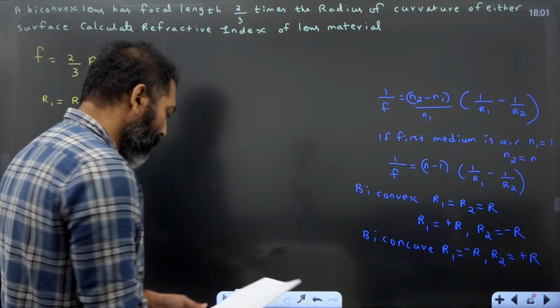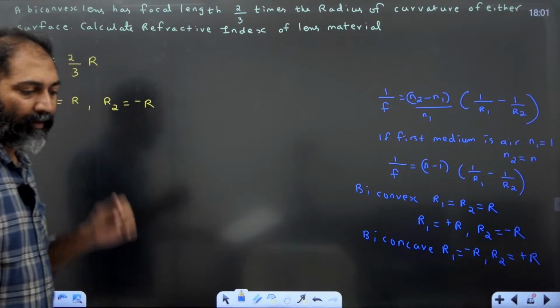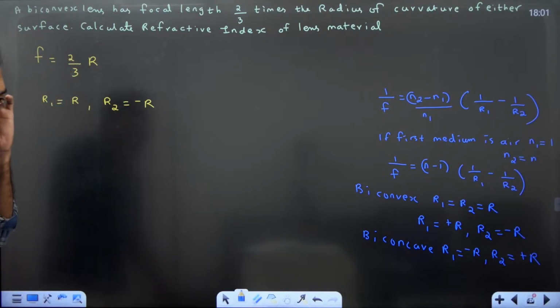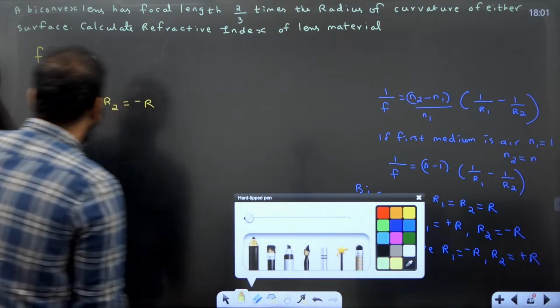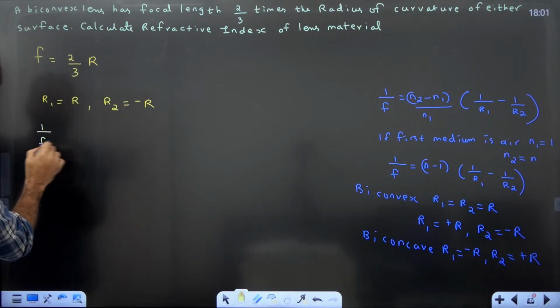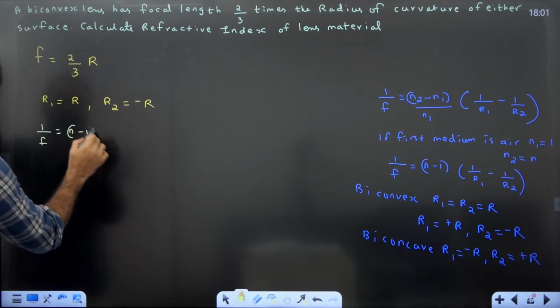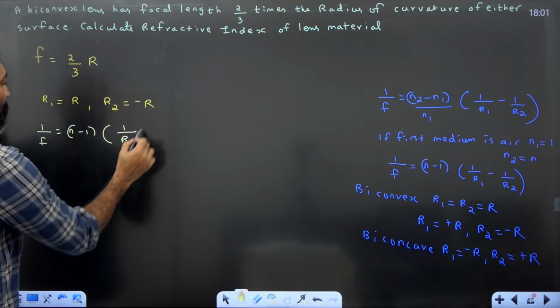Is that clear? Now let us return to the problem. So 1/f is equal to n minus 1 into 1/r1 minus 1/r2.